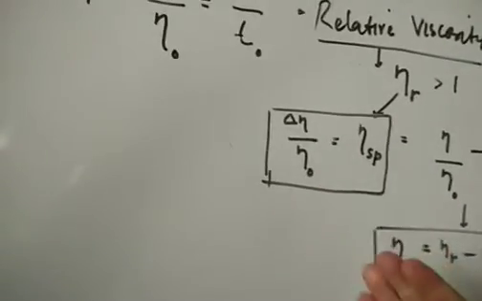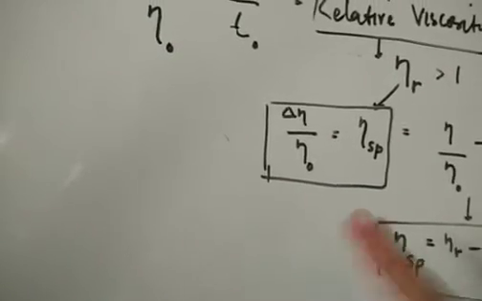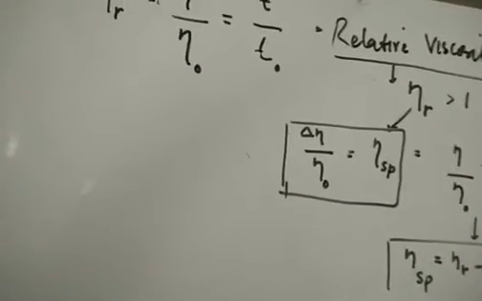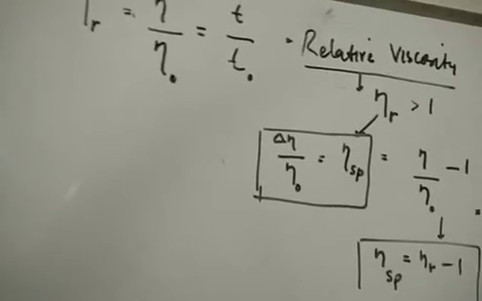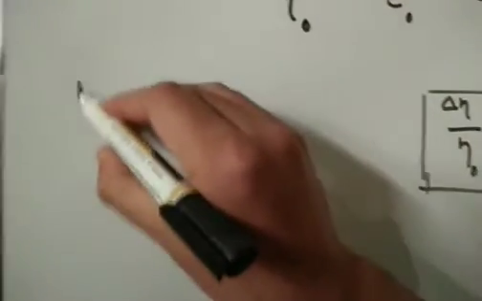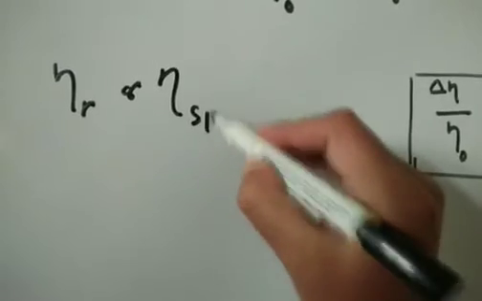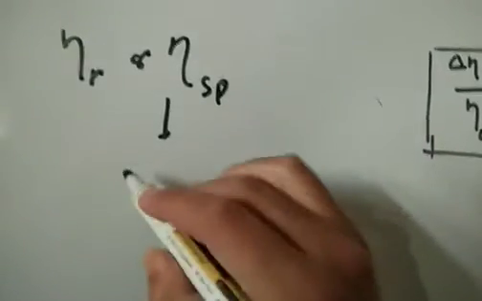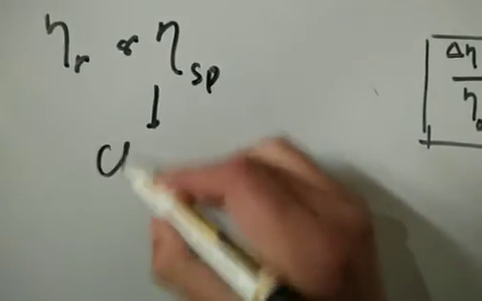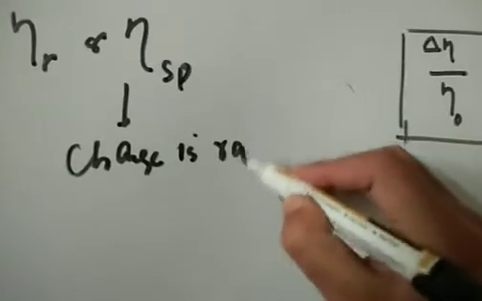Whether specific viscosity or relative viscosity, in both cases the viscosity increases with the concentration. But there is a problem: it has been observed that for both relative viscosity and specific viscosity, the viscosity change is rapid.